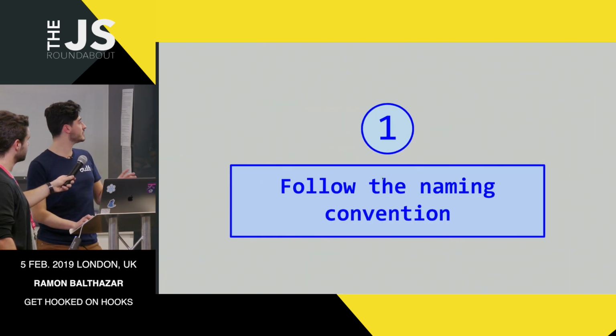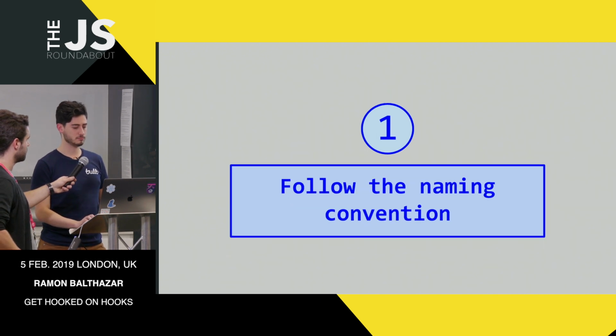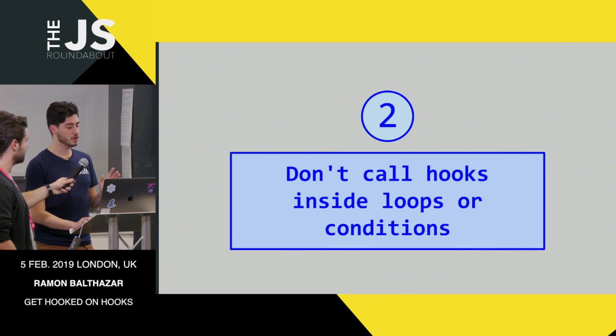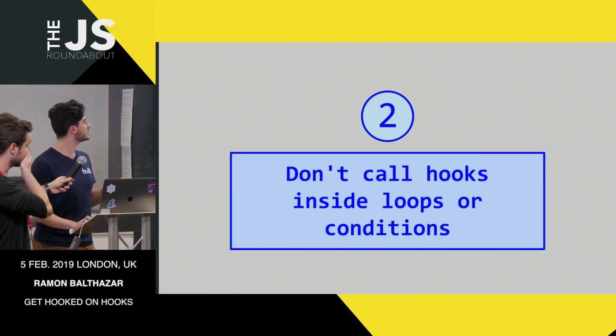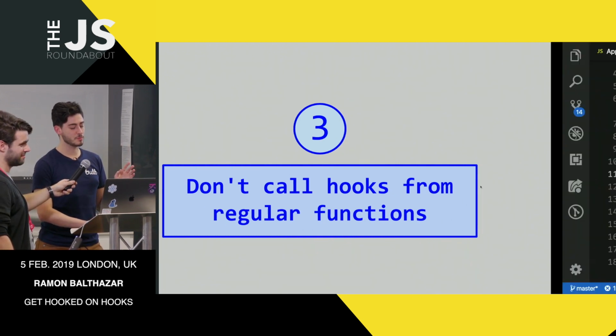So that's the first rule. Second rule, don't call hooks inside loops or conditions. I messed up the slides here, so this is supposed to be later, and the 3 is supposed to be 2. Let's do it like that. So rule 2, don't call hooks from regular functions.